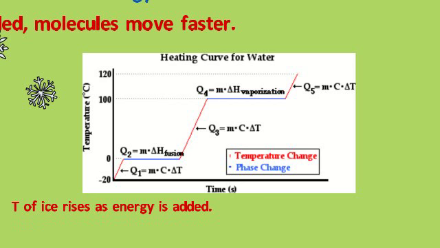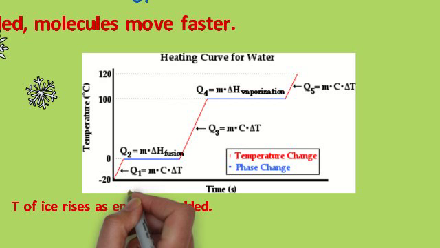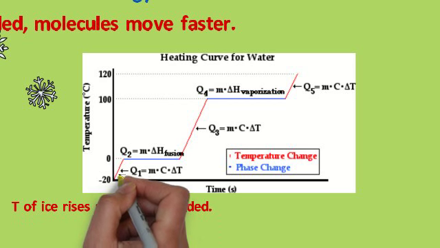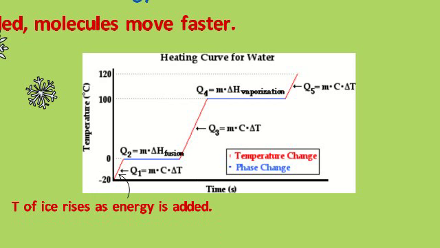When it hits 0, then the temperature on the thermometer, if you stuck a thermometer in this chunk of ice, would stop changing. At first, the molecules are moving, so the temperature rises. Now the energy is being used to change states from solid to liquid. The thermometer's temperature does not rise.